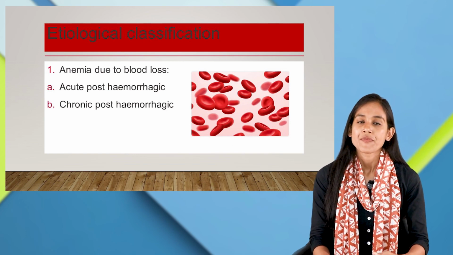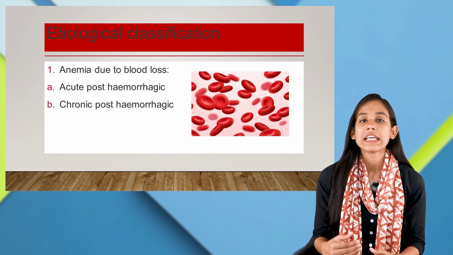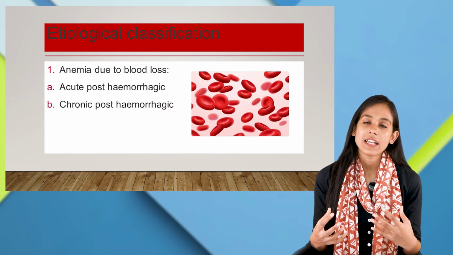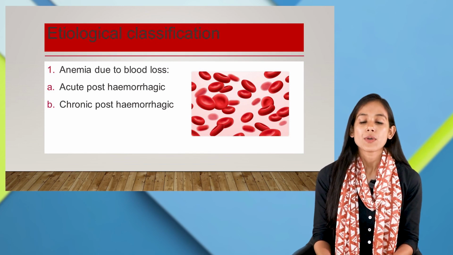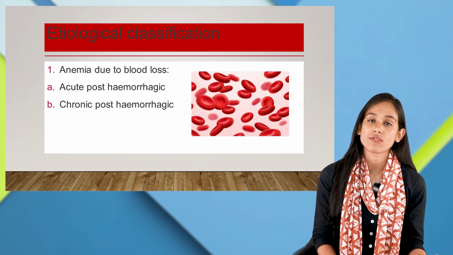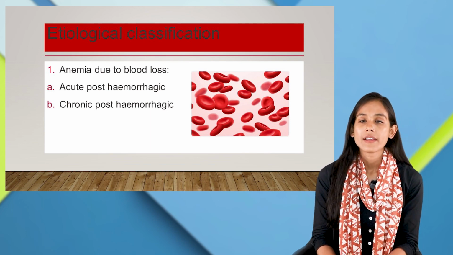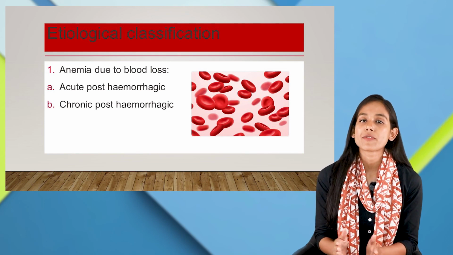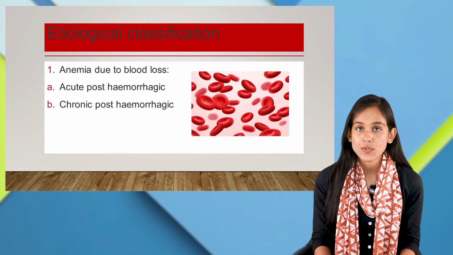So the production is proper, but due to increased loss, the child is having less hemoglobin, right? Increased loss can be due to hemorrhage, or if there is increased destruction, in that case also there can be increased loss. So etiology can majorly be of these two types.